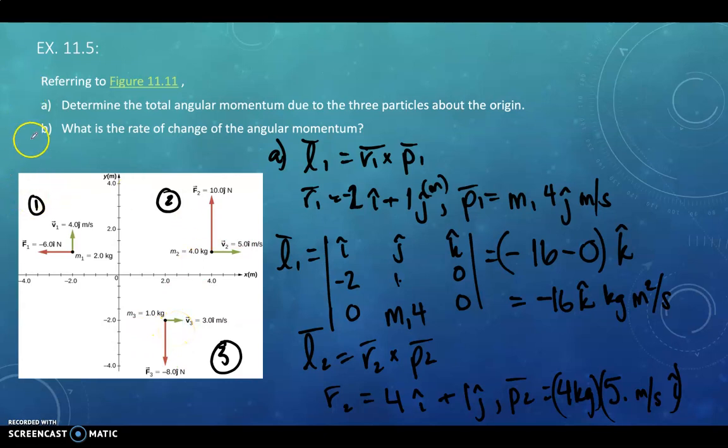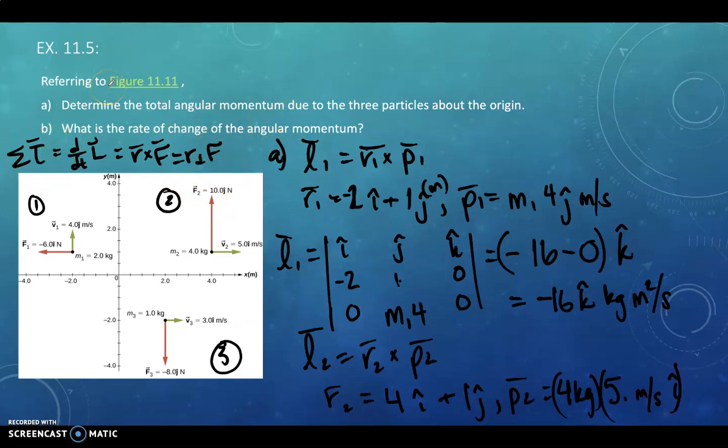Remember that torque is equal to the derivative with respect to t of L, and again the summation. Torque is going to be equal to r cross F, or r perpendicular F. This is the form that we'll use to find our torque.